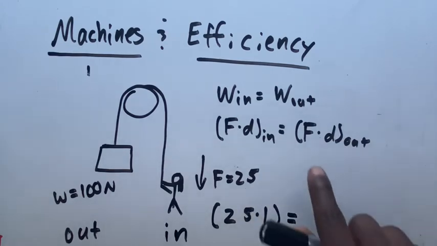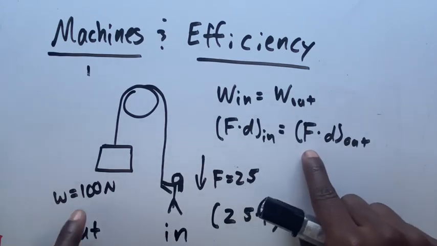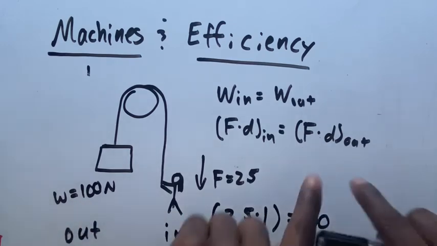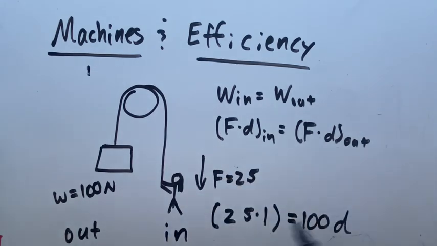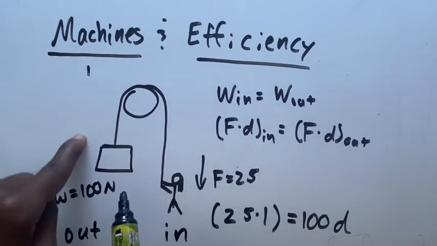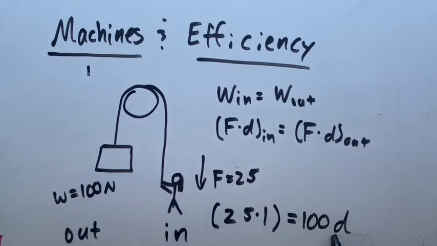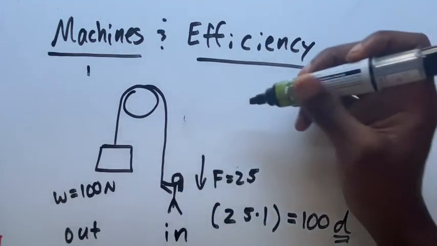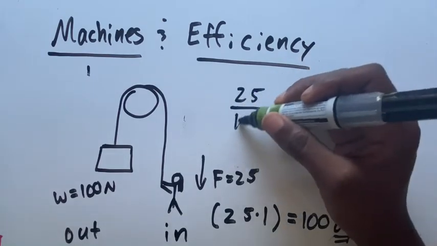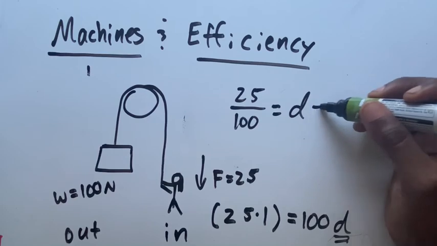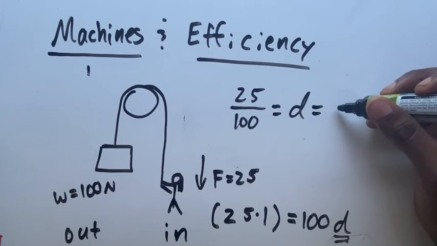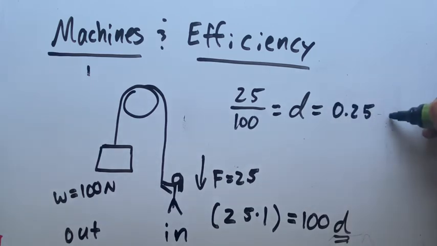It's going to be equal to, well, the box weighs 100 Newtons, so that's 100 times D, where this distance D is how high the box is lifted upwards. We can solve for D by dividing, so that's 25 divided by 100 equals D, which is 0.25 meters.